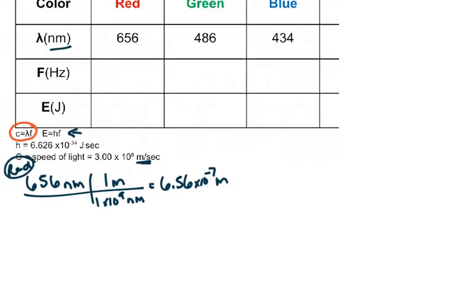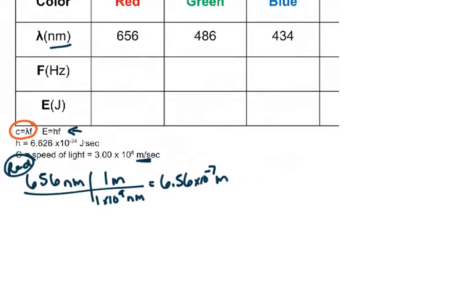Now that I've converted it to meters, I can put it into my C equals wavelength times frequency equation. I'm going to solve for frequency because that's going to give me my next answer here, which means I'm going to divide both sides by wavelength. Whoops, that kind of looks like X, and it's supposed to be wavelength. There we go.